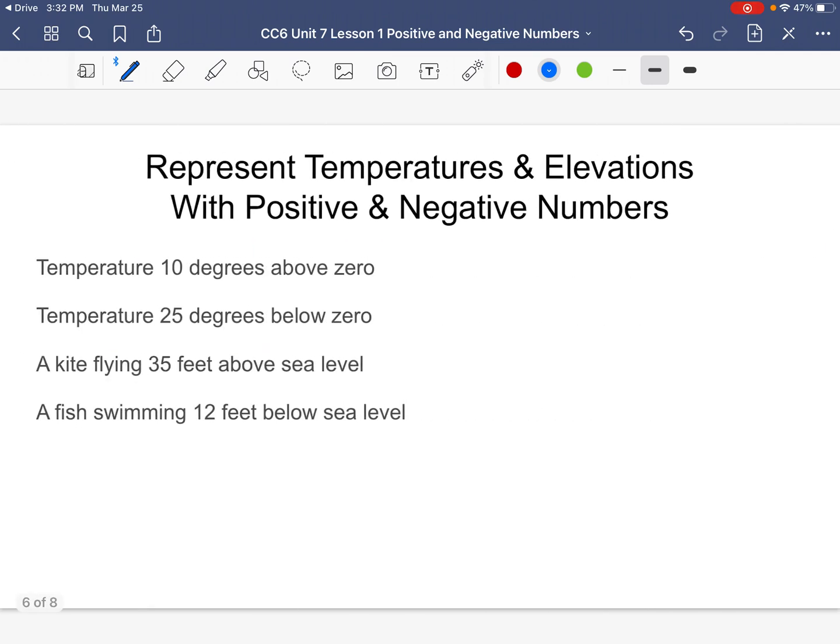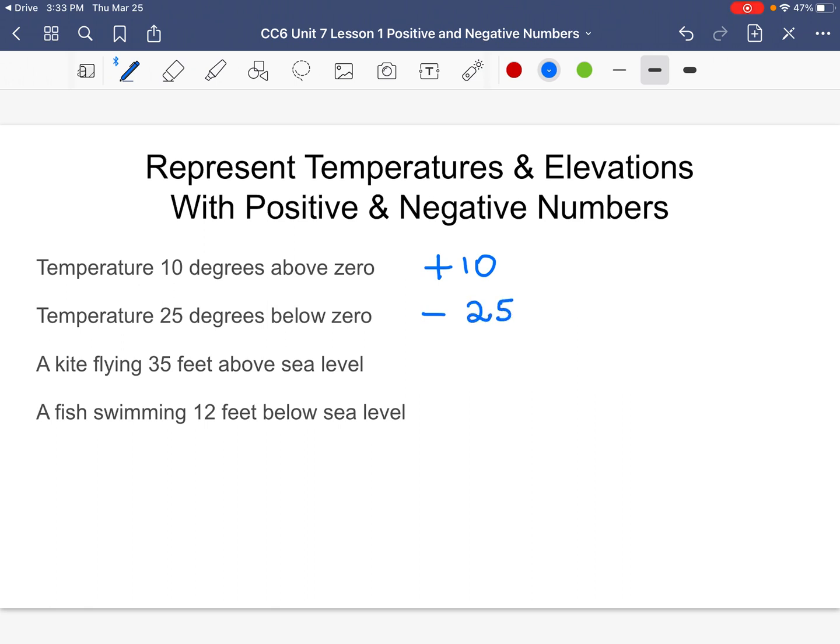So to represent these temperatures and elevations with positive and negative numbers, a temperature that's 10 degrees above 0, we would have this plus sign up, which is positive, so positive 10. A temperature which is 25 degrees below 0, if it's below 0 on the thermometer, it would be negative, negative sign, negative 25.